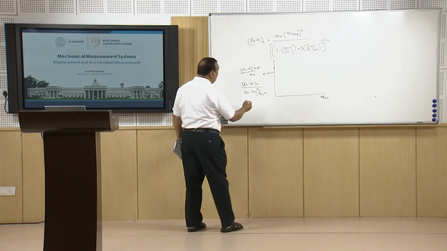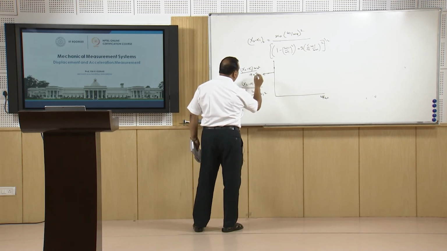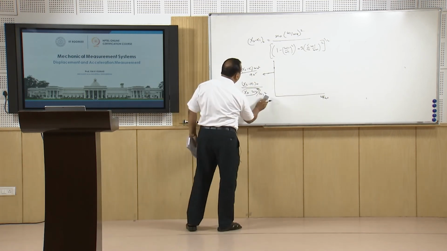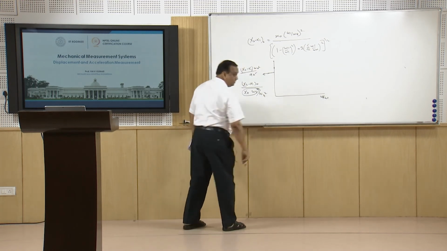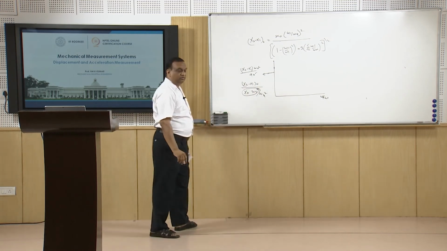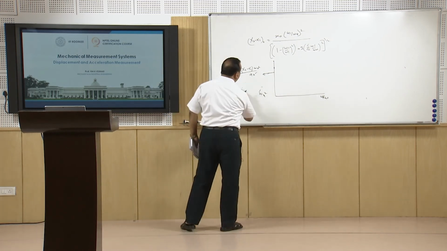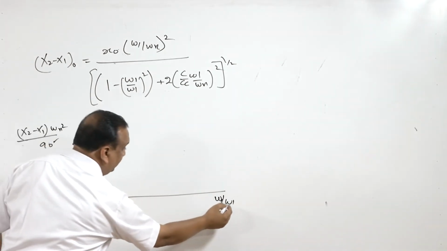Now, x0 omega 1 square is A0 omega 1 square by omega n square. So this x0 omega 1 square is A0. So between these two, we have x2 minus x1 omega n square by A0 and omega 1 by omega n.